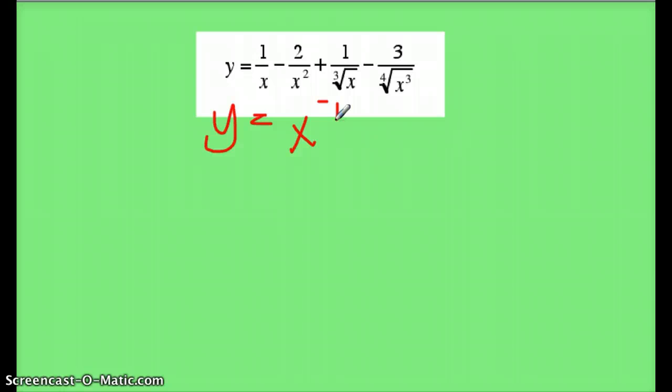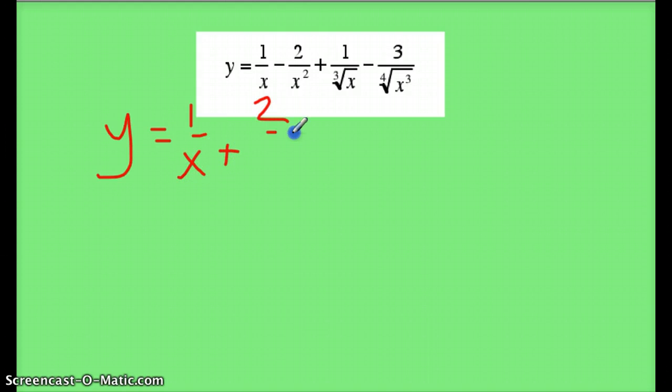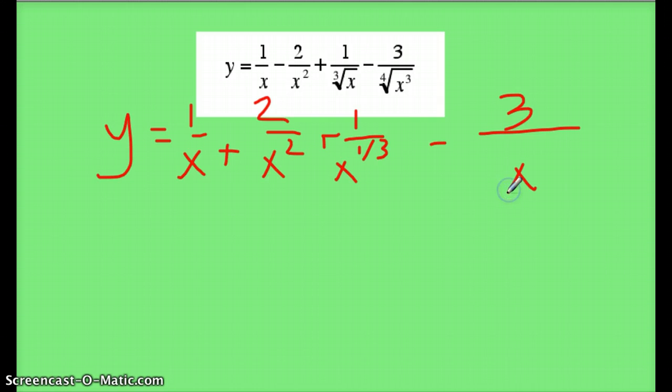Actually, let's do this. Let me erase this and we'll start over. So what I'll do is first I'll get rid of the roots. And so I'll rewrite the roots as 1 over x plus 2 over x squared. And right here, I'm going to write my cube root as x to the 1/3 minus 3 over x to the 3 over 4.